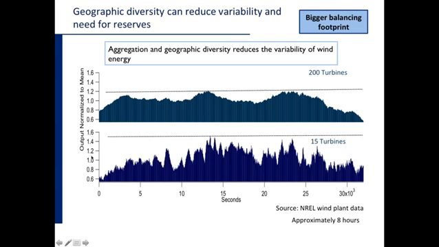We're looking at the output of 15 turbines, and we're normalizing that to the mean output so that we can compare the per unit variability of both the 15 turbine group and the 200 turbine group. On the x-axis, this is showing seconds, 30,000 seconds. This is roughly 8 hours of data, and so you can think of each of these graphs as showing roughly 8 hours worth of data.